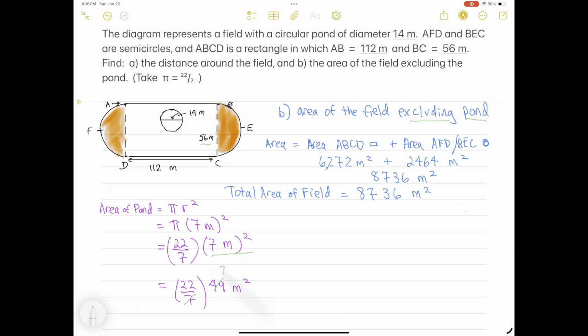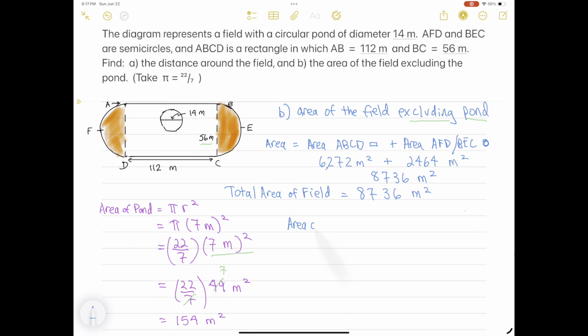And now I multiply 49 meters square times the fraction 22 sevenths. 7 goes into 49 7 times, and now I have 22 times 7, which works out to be 154. So the area of the pond is 154 meters square.